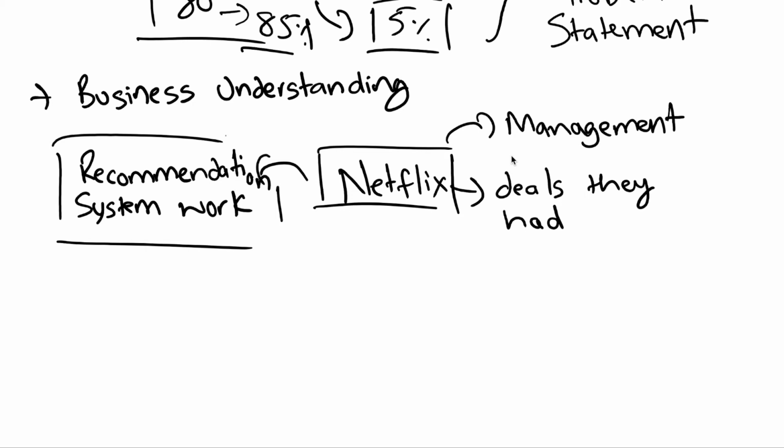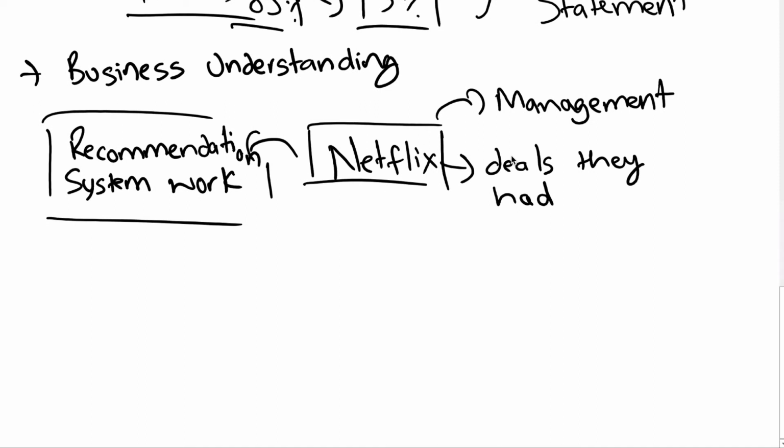But what you need to understand as a data analyst is how Netflix uses its recommendation systems. Now, because I've already written my thesis paper on recommendation systems, I know that Netflix uses hybrid recommendation systems.